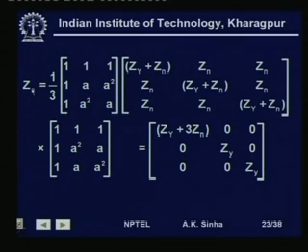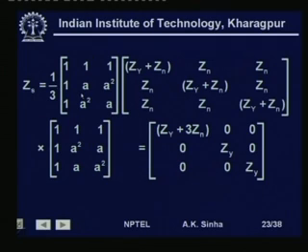So, now if we do this multiplication, then we have Zs is equal to A inverse, which is 1 by 3 times the matrix 1 1 1, 1 A square A, 1 A A square. This is the Zp matrix that we had: Zy plus Zn in the diagonal elements and Zn at the off diagonal elements.